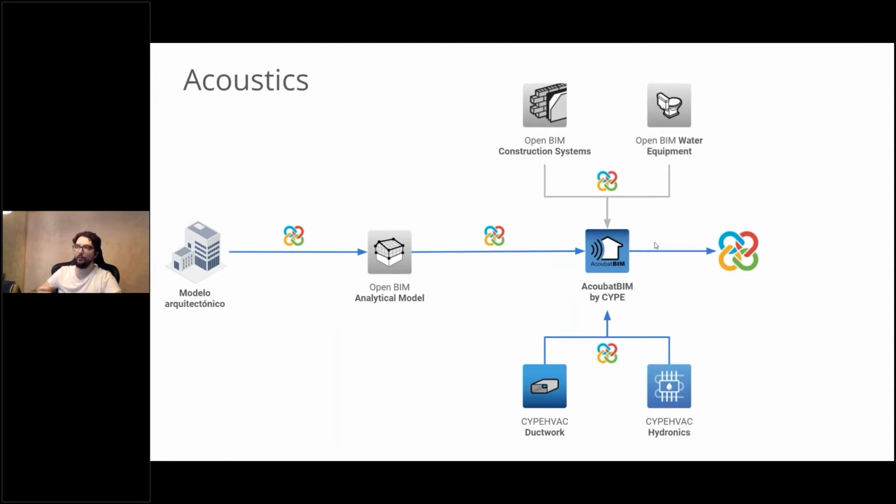Here we're going to import the analytical model, and then we can work directly with Acrobat. I have also introduced other applications that are connected to Acrobat by SYPE to let you know other ways or other type of information that we can read.